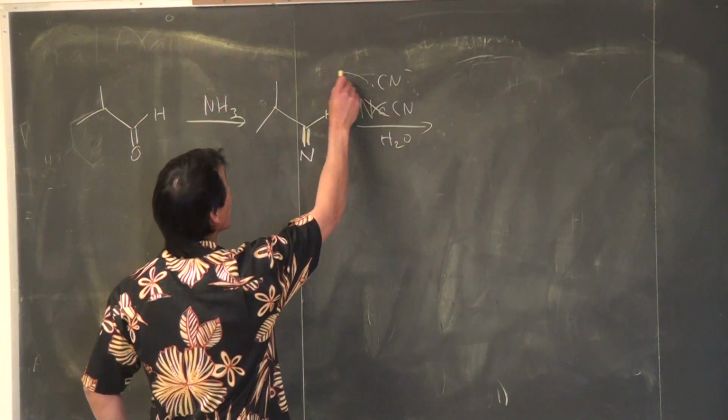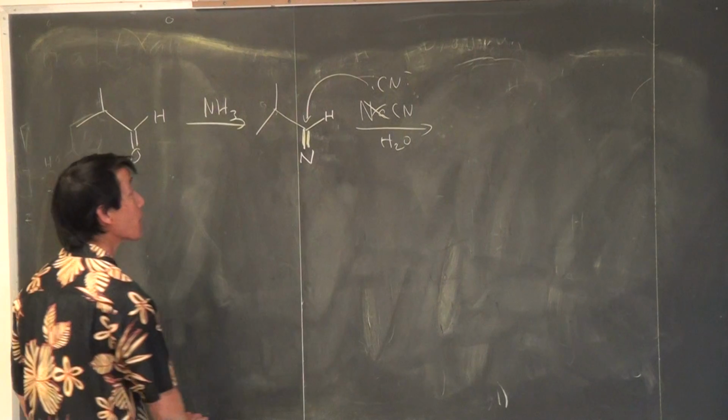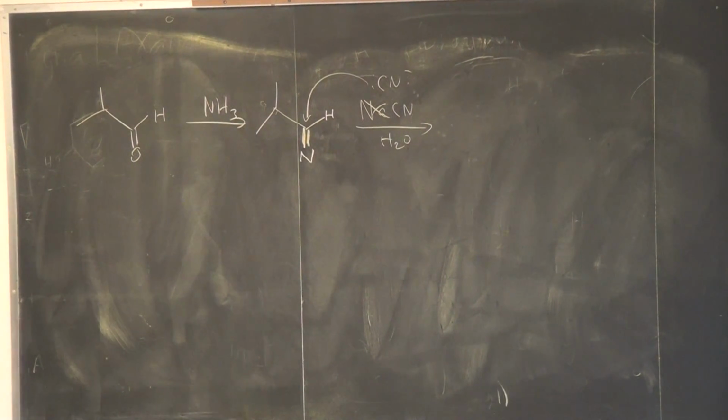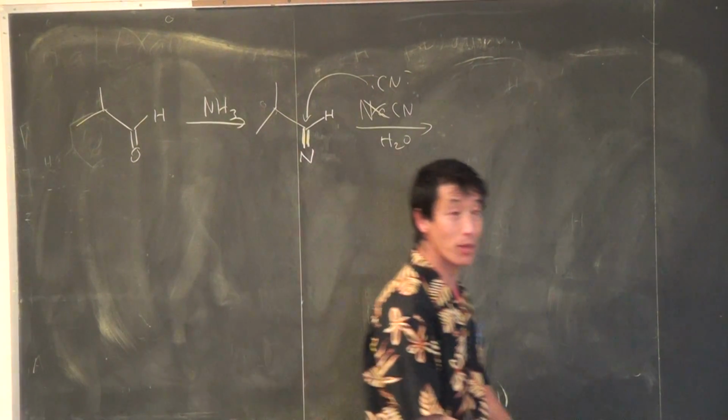Yeah, so it'll react here. And what kind of reaction do you think that is? Acid base, substitution, elimination, or addition? Yes, an addition reaction. So the product of that reaction is going to, who wants to write that on the chalkboard?